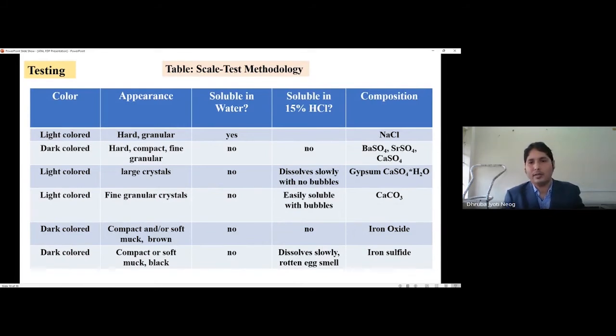There are different laboratory methods, some physical methods and some chemical methods, carried out to find out the kind of deposits a well may have, or to identify what type of compositional deposits are present as scale in our reservoir, in our production tubing, in our surface installations.